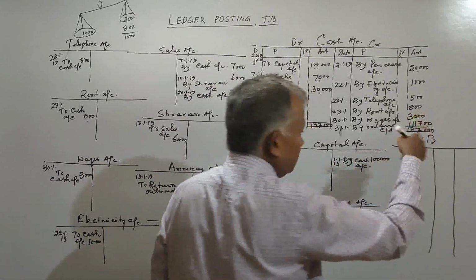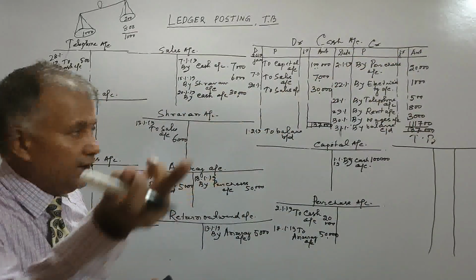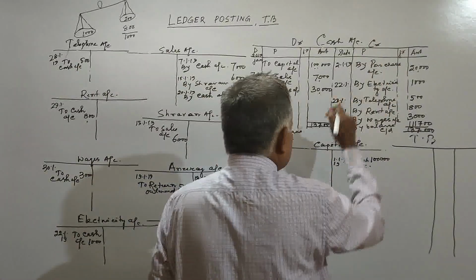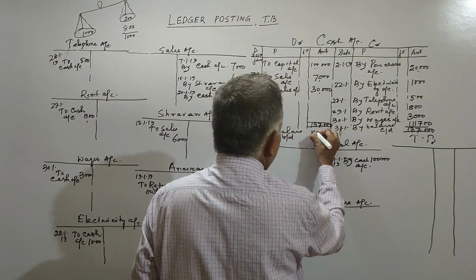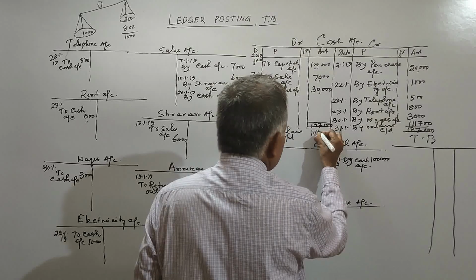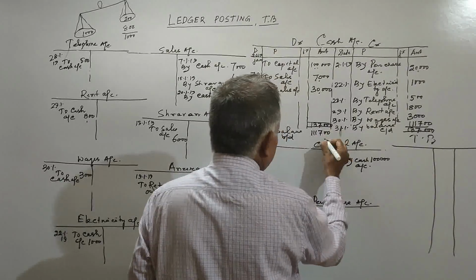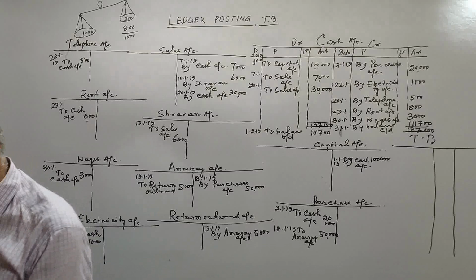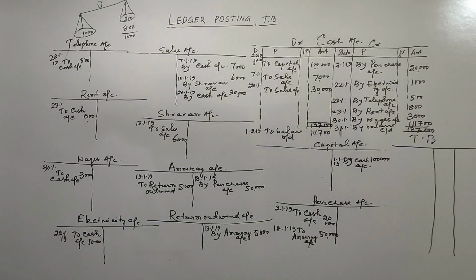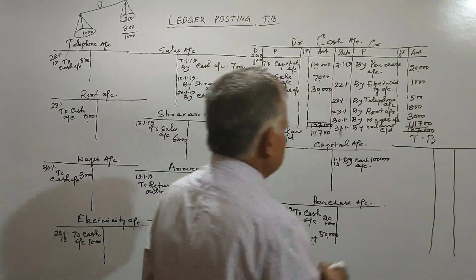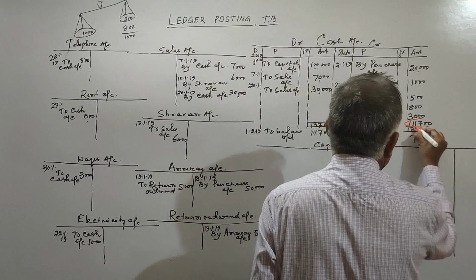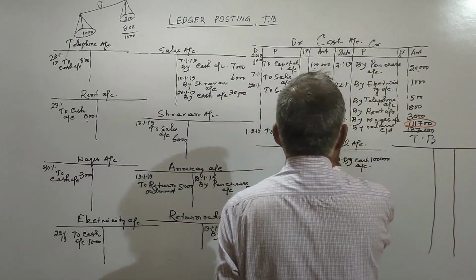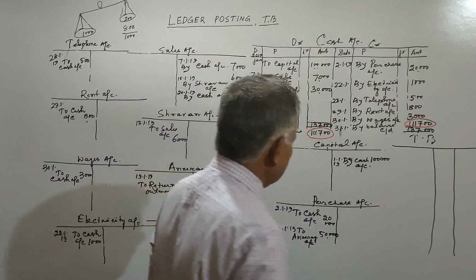This is carried down to the next period. It is brought down from the last period. This is your 1,11,700, right? This is how we can make the balancing of the ledger. This is the balancing figure.